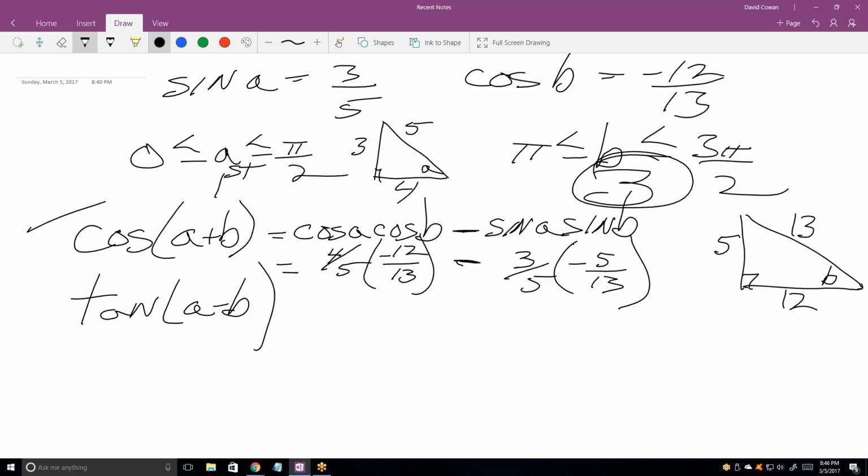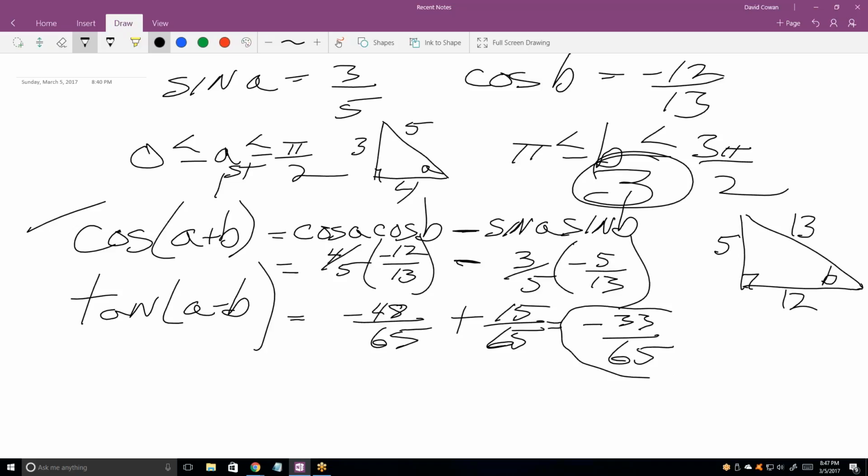And now that's just algebra, the rest of it. Let's go ahead and do the algebra. It's not that hard. We have minus 48/65. Two minuses are going to be a plus 15/65, giving us minus 33/65. And that cannot be simplified.